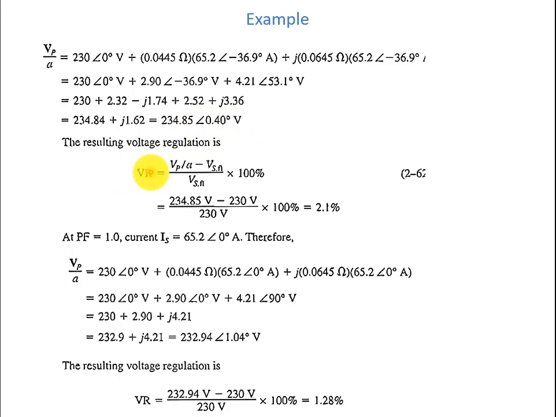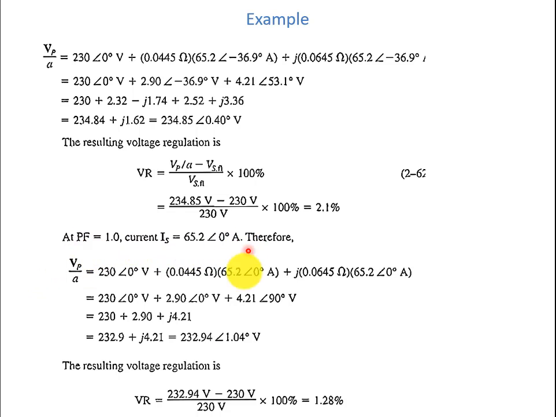Similarly, voltage regulation is Vp over a minus Vs full load, divided by Vs full load. We know 230 volt is given as Vs full load, and that will be 2.1%.